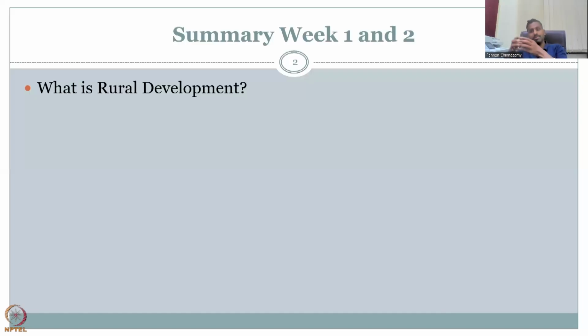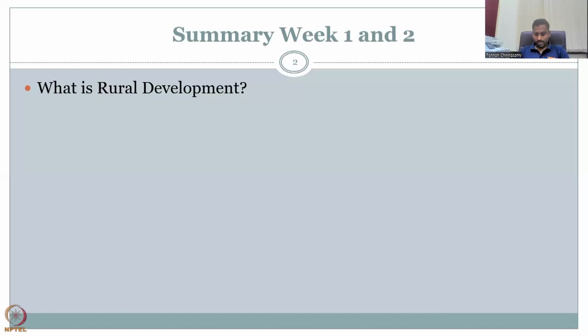What does the ministry define as rural development? What are the sectors they have identified for rural development? And we progress on that. There may be others who would define it differently, but they are not the authority for rural development in India. So we are taking our notes from the ministry's website.